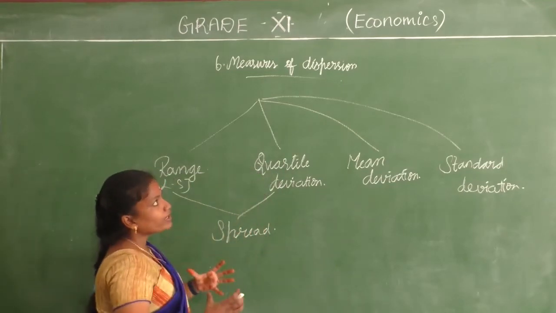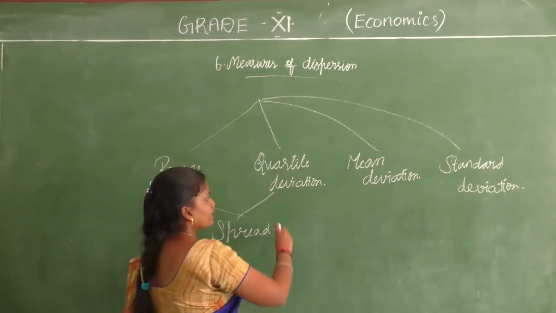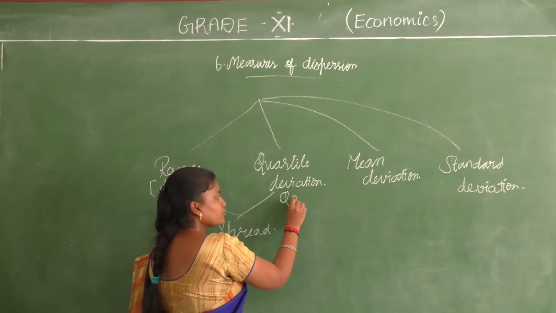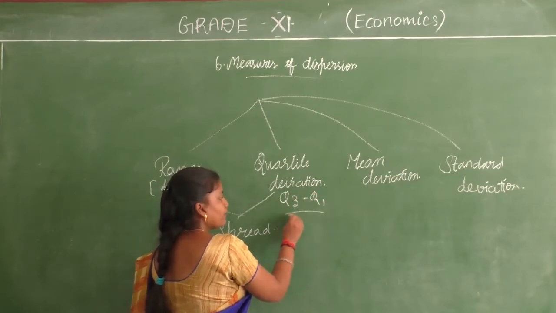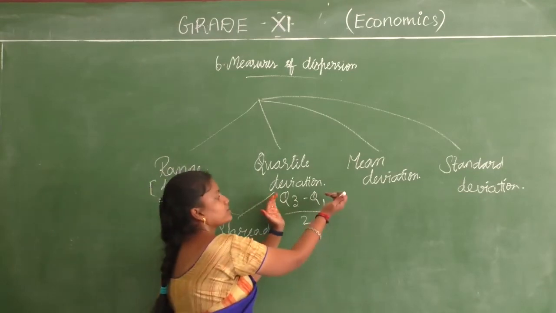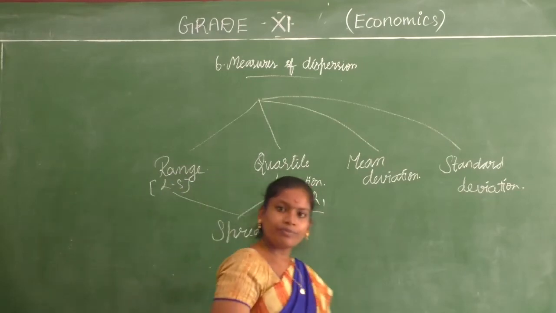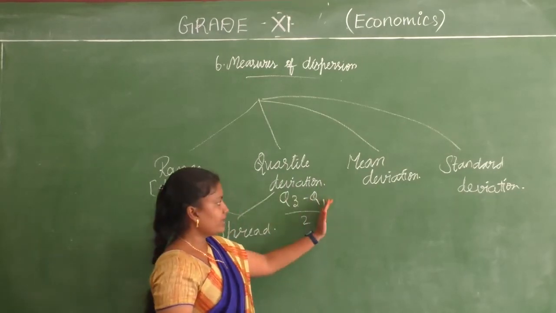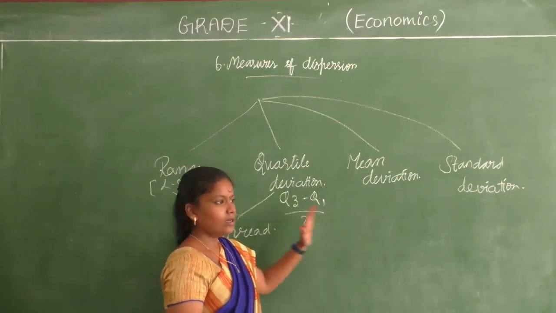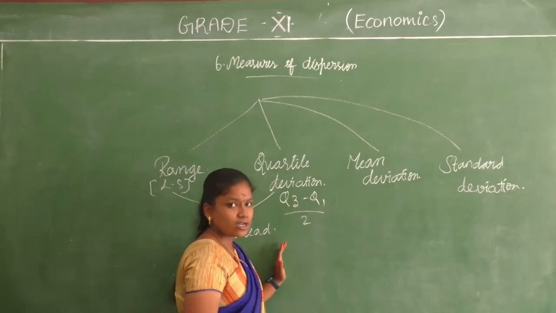Now we are going to identify how to find this quartile deviation. It's very simple. Q3 minus Q1 by 2. We have already discussed in measures of central tendency that the maximum spread is between quartile 3 and quartile 1. Less than 25 is quartile 1, less than 50 quartile 2, less than 75 is quartile 3.